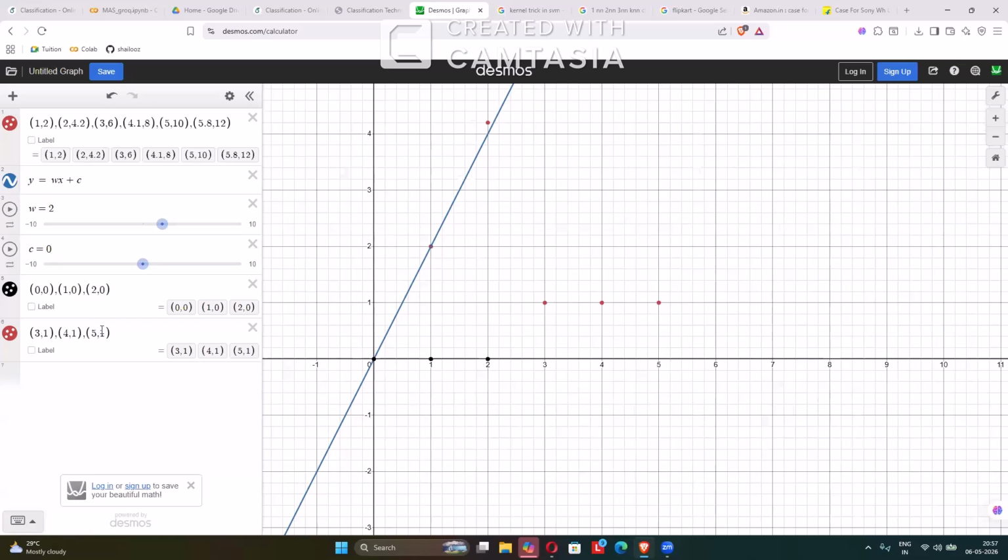The other 3 have the feature values 3, 4, and 5, and they are mapped to class label 1. So you can interpret this data in this way: X and the corresponding class. X is 1, 2, 3, 4, 5, 6, and the classes are 0, 0, 0, 1, 1, 1. Clear?